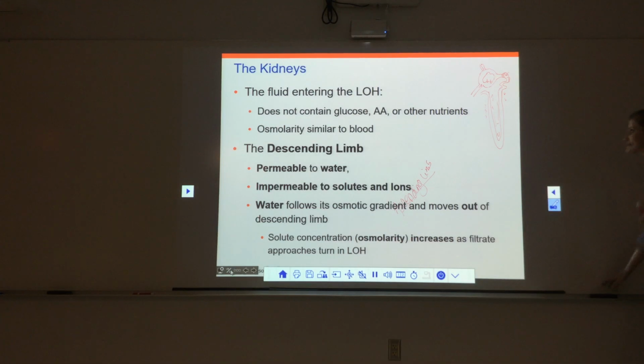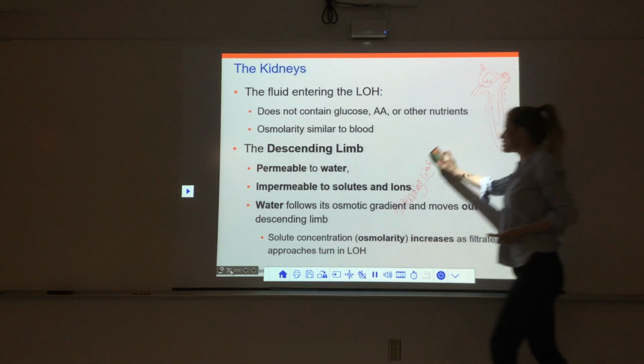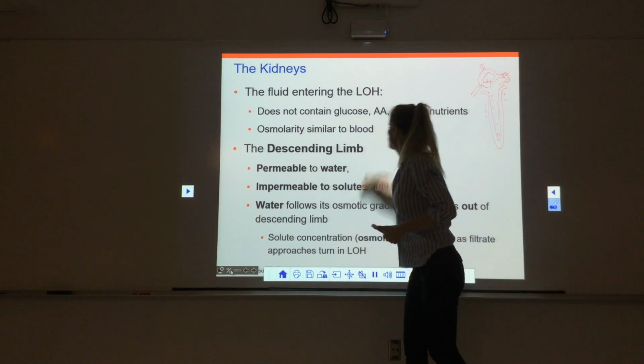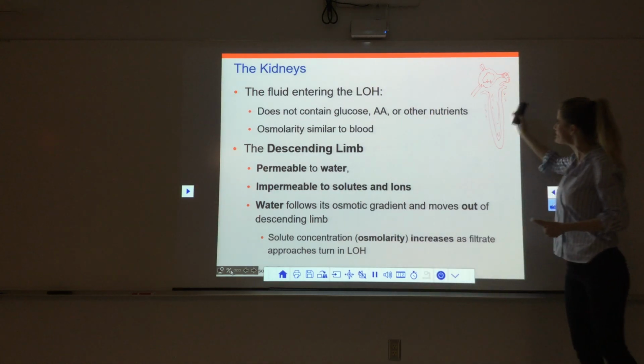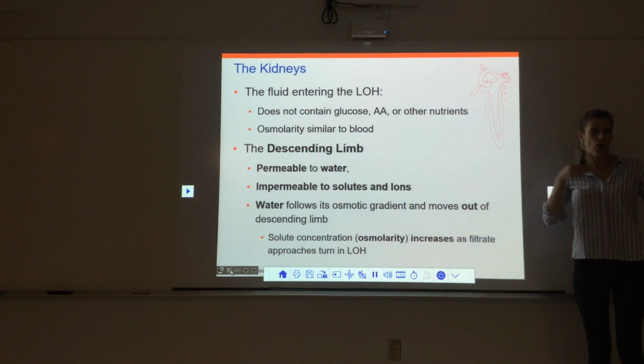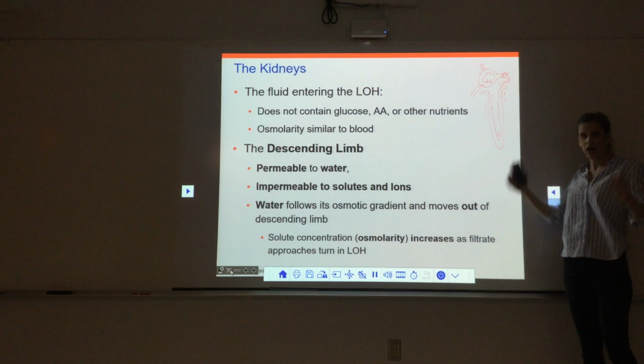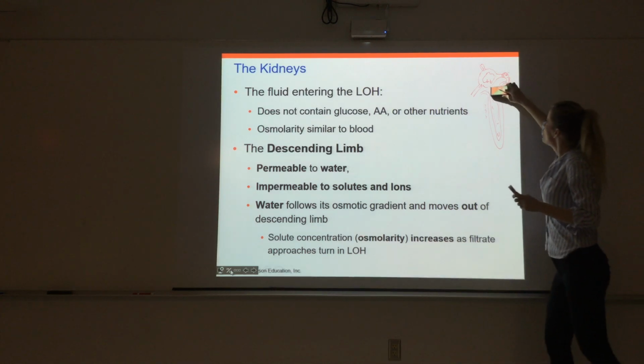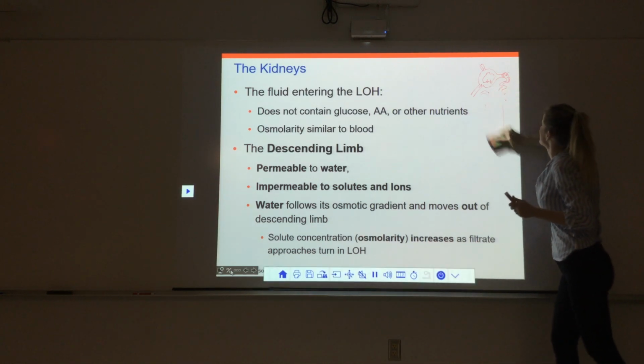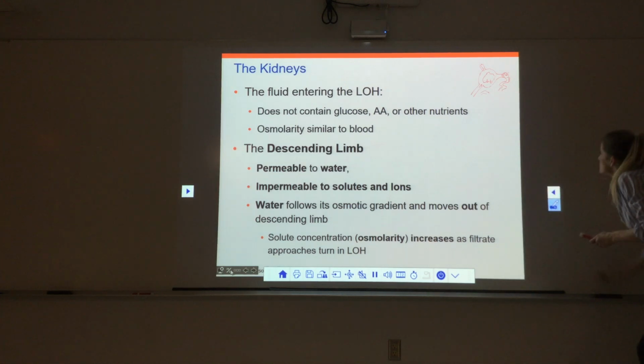When we look at the descending limb and the ascending limb, we'll also see that the function varies greatly. They have very different functions, but they actually work cooperatively. The descending and ascending limb fuel each other, if you will, or kind of drive the work that each other does. So when we look at the loop of Henle, and we erase my arrows, it's gonna get busy.